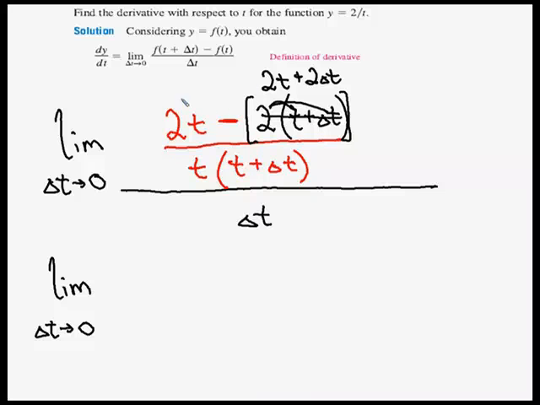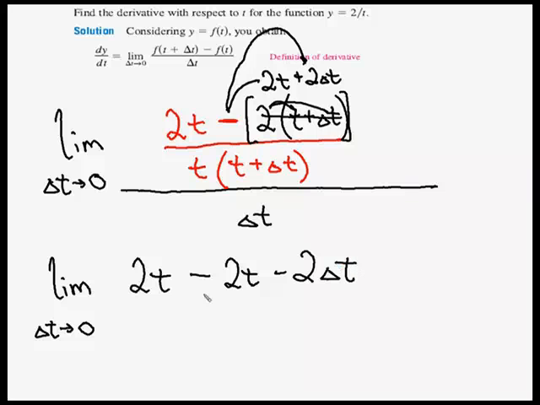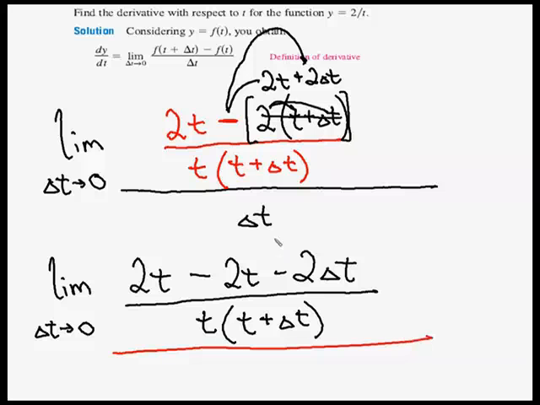So up front, first is our 2t, and then we distribute the minus 2t, and then distribute that negative to the second term, minus 2 delta t, all over this denominator, t times t plus delta t. And let me change back over to red so this stands out, all over our final denominator, delta t.